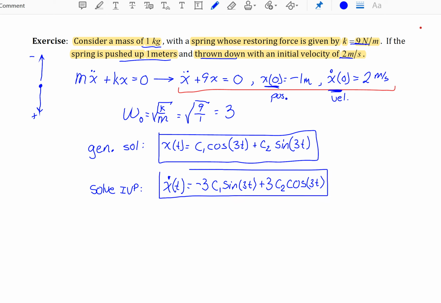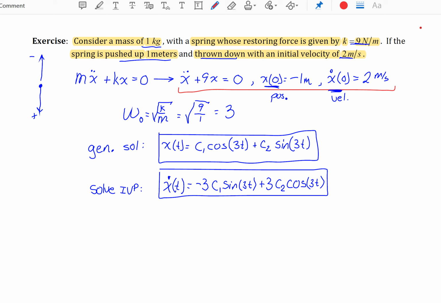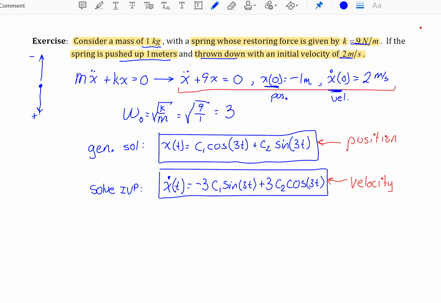Now this one is our velocity function, and the first one, our position function. And so now let's evaluate our two functions at time 0 to apply our initial conditions.